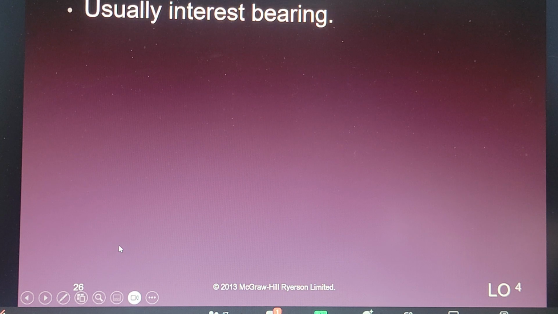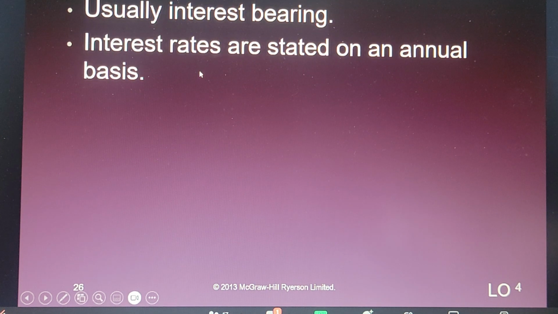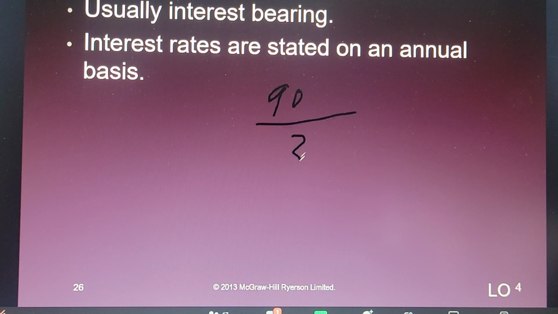Okay, usually they have interest. Okay, and it's on annual basis. Okay, so in the questions it says a month, like you see some cases it says for the month of May, so that I would call it 1/12. But normally, most of the times, if it says 90 days, then 90/365.